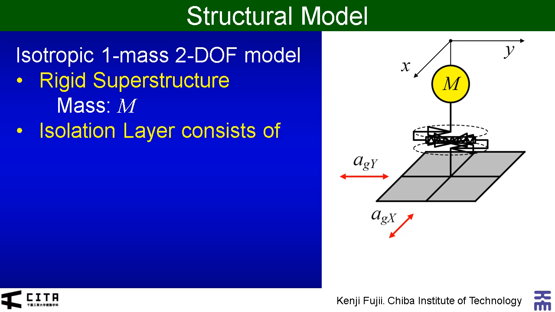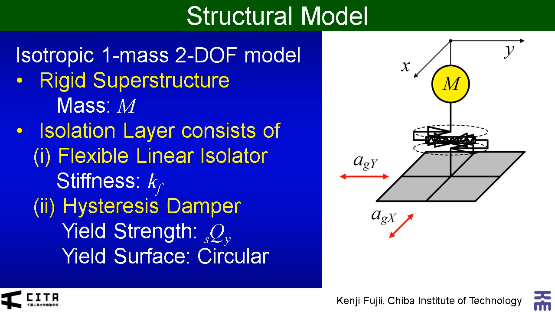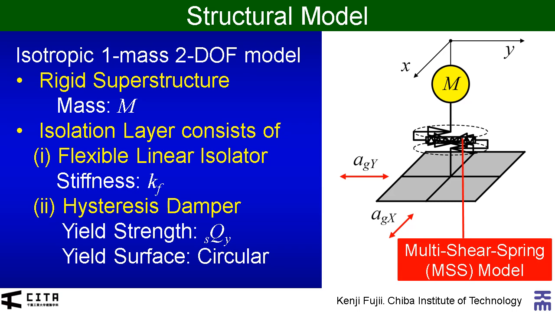The isolation layer consists of flexible linear isolator whose stiffness is Kf and a hysteresis damper whose yield strength is Qy. The yield surface is assumed to be circular. The behavior of isolation layer is modeled by multi-shear spring model.